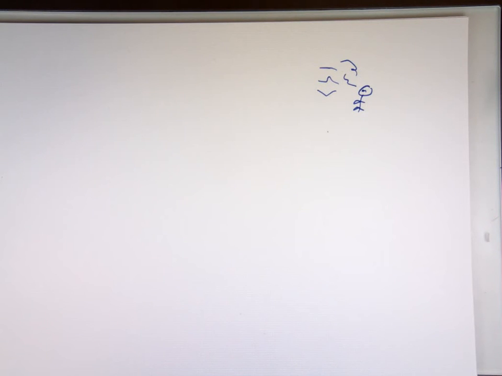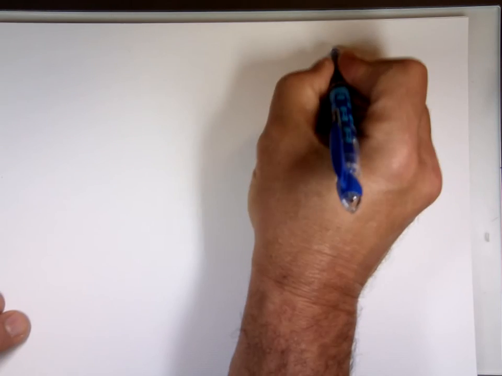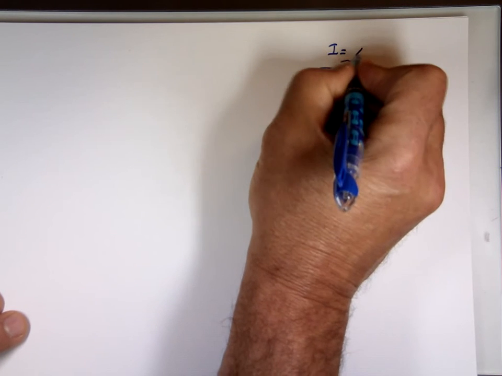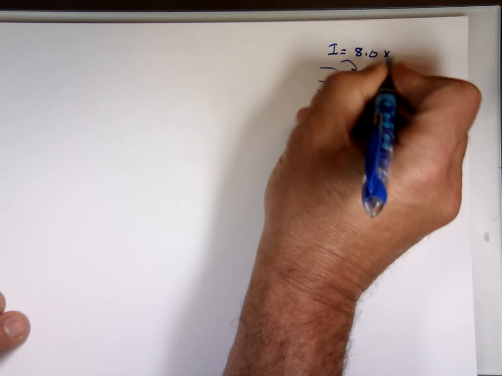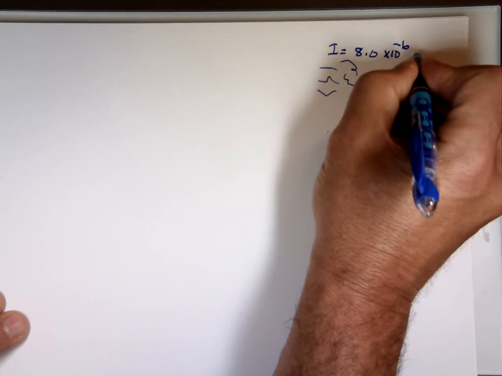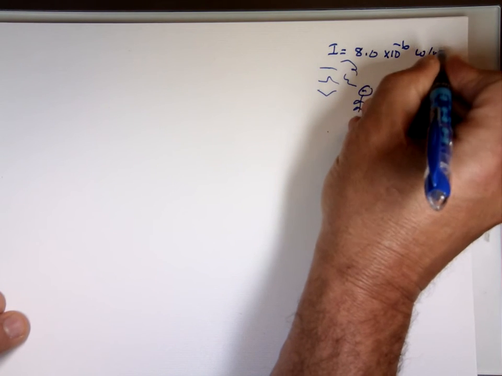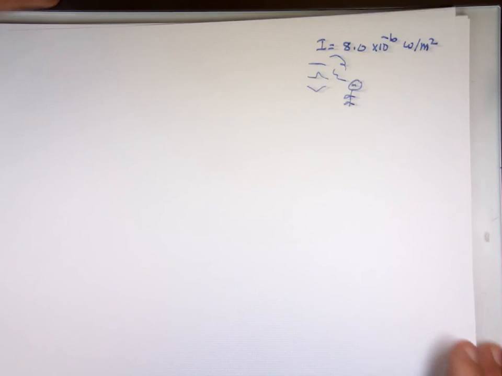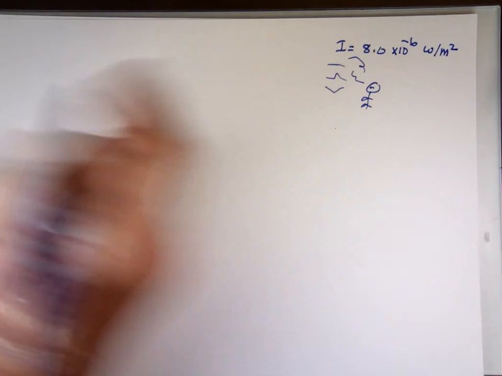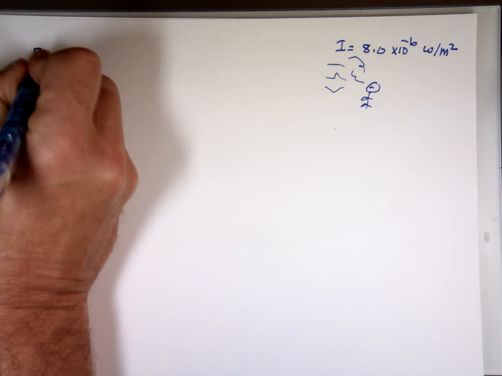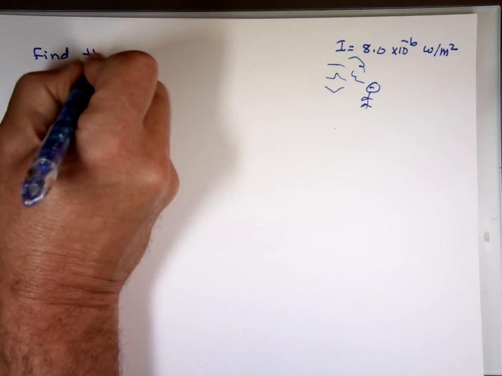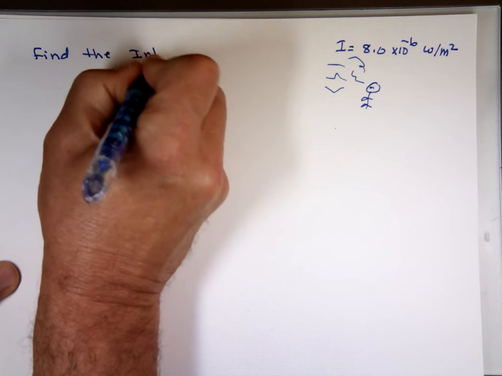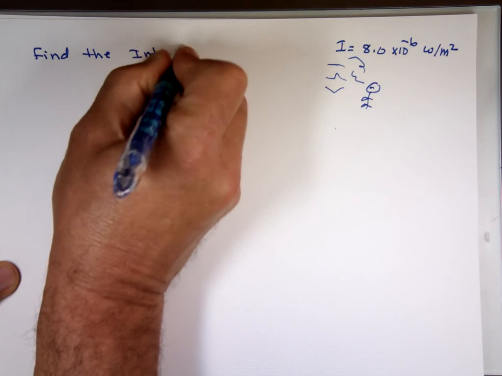The intensity of the crying is 8.0 times 10 to the negative 6 watts per meter squared. And we want to know what that number is in decibel. Find the intensity in dB.